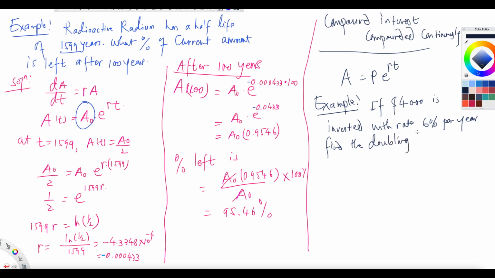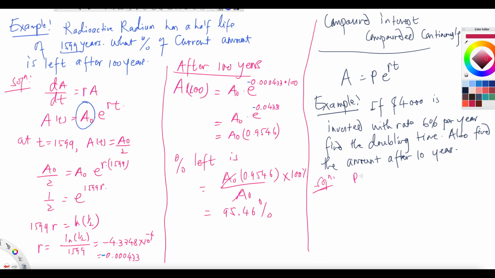What does doubling time mean? The time it needs to become 8,000, right? Also find the amount after 10 years. Okay, so how do I find that solution?